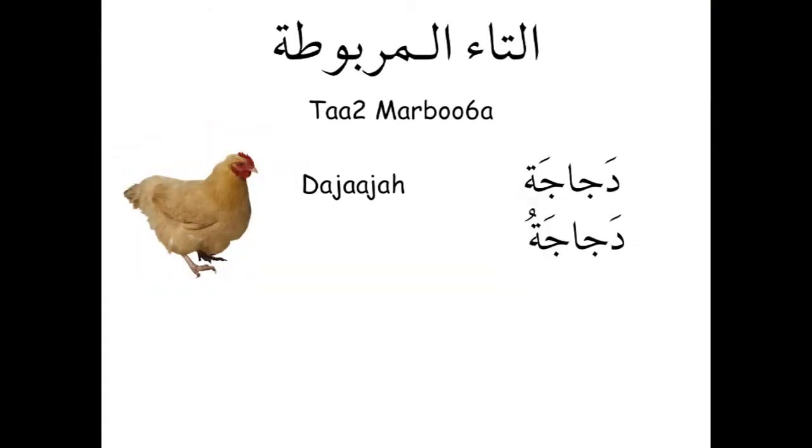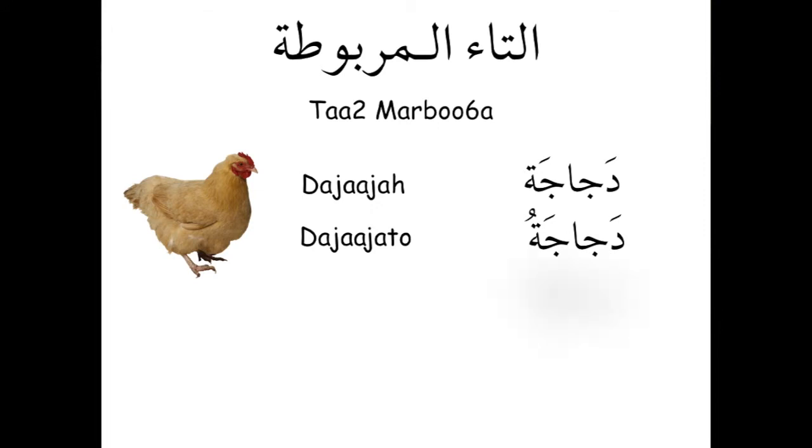Now, what if we added a vowel like the dhamma here? Again, the D with the short vowel da, a jim with a long vowel ja, and a jim with a short vowel ja. In this case, the ta al-marbuta has a dhamma, which is going to make it sound like tu. Dajajatu.